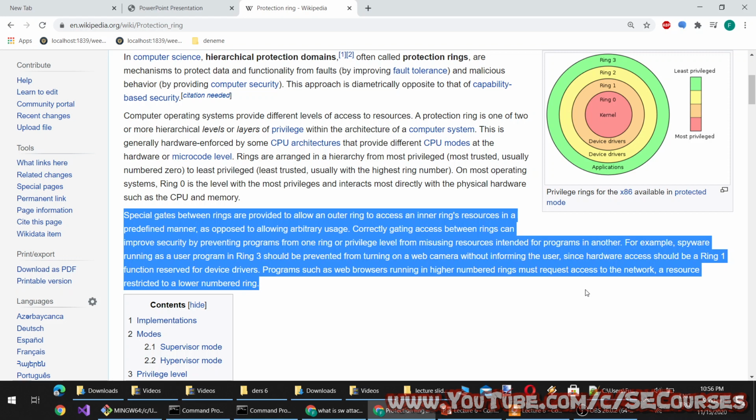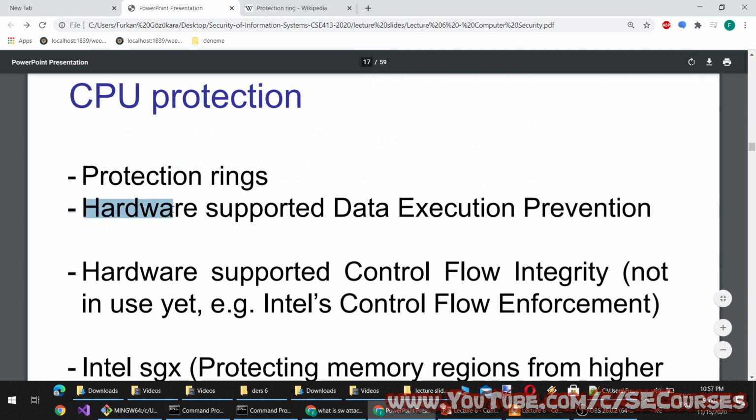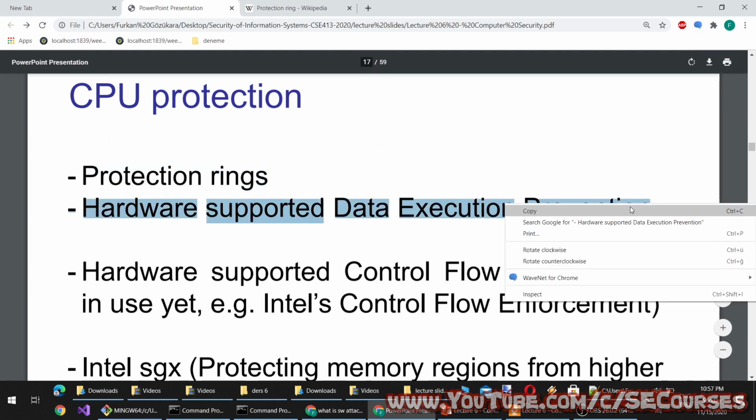For example, spyware running as a user program in Ring 3 should be prevented from turning on a web camera without informing the user, since hardware access should be a Ring 1 function reserved for device drivers. Programs such as web browsers running in higher numbered rings must request access to the network, a resource restricted to a lower numbered ring. Okay, and there is hardware-supported data execution prevention.